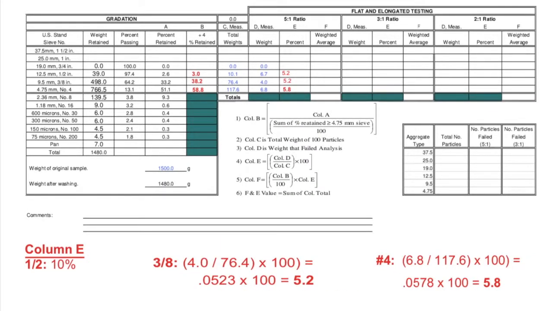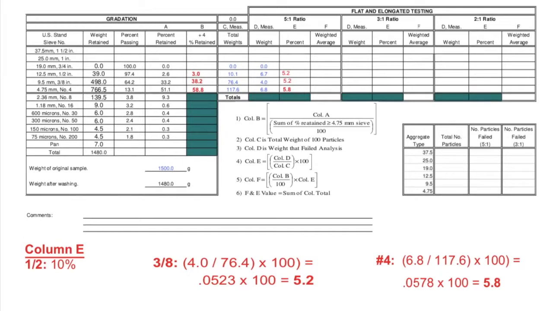Column E is column D divided over column C times 100. Column D representing the weight of failed particles, column C representing the total weight of particles. We will now calculate the column E portion of this calculation.